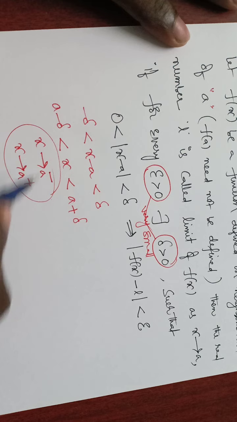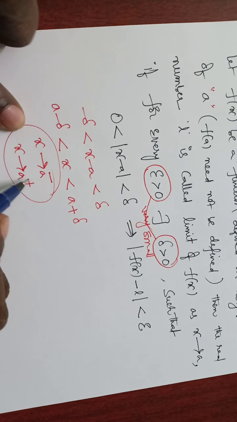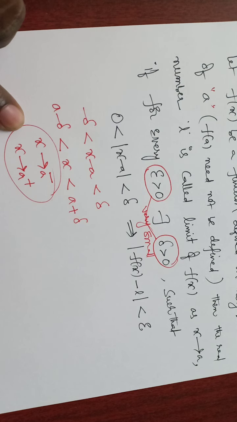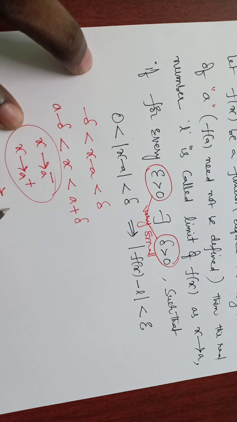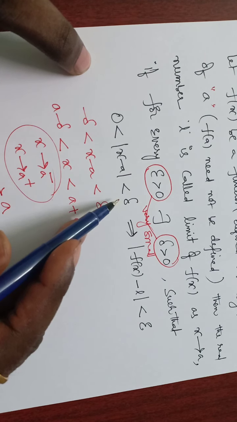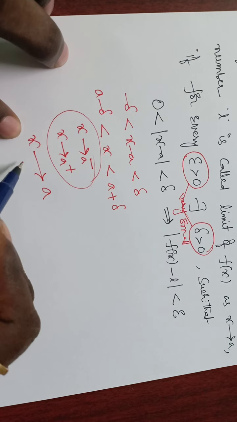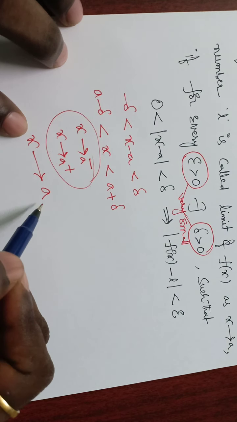This means x approaches a from both the left and right sides, that is, very near to a. Why? Because the difference between these two is less than delta, which means x is very close to a.